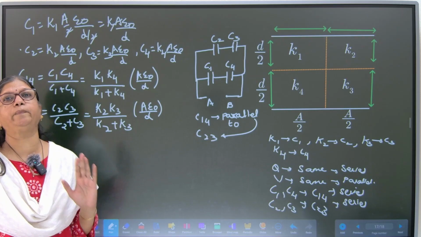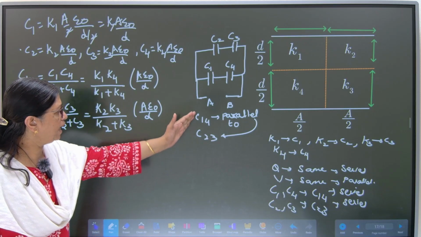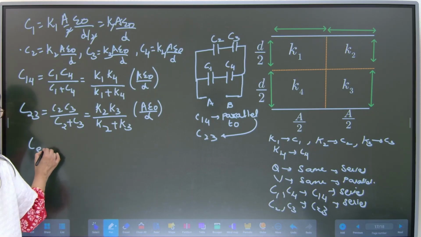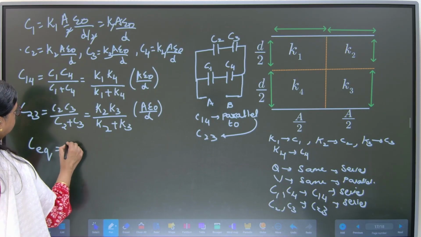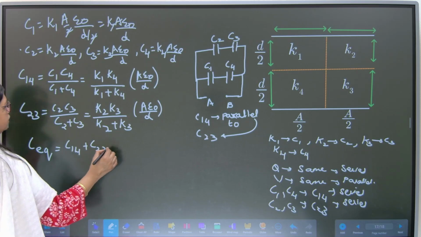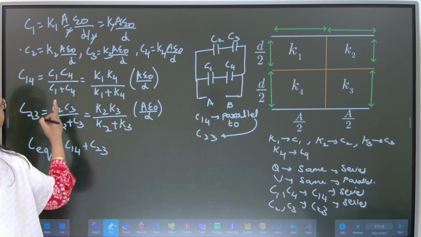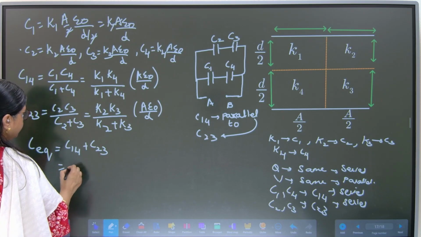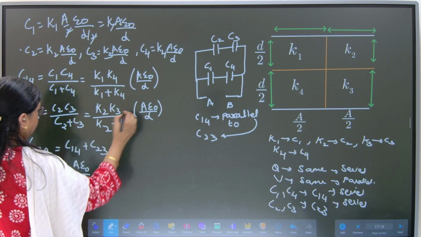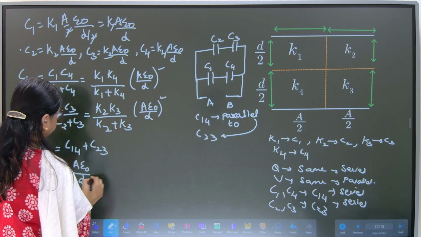Now these two combinations, as I said, are in parallel to each other. So we get C equivalent is equal to C14 plus C23. So substituting the values of C14 and C23, we have A epsilon naught upon D common, as both are same.